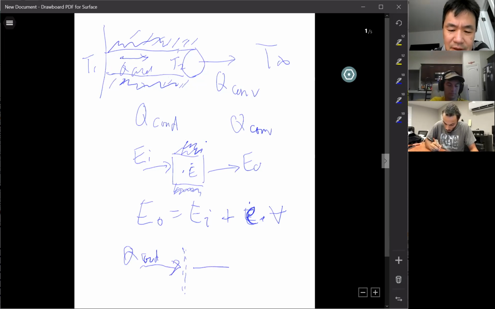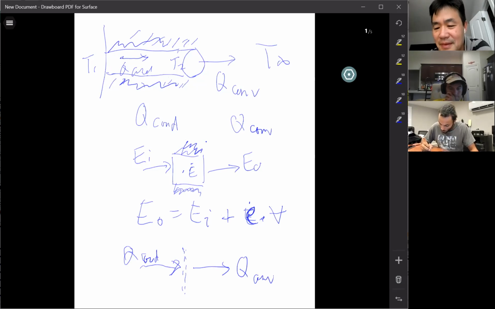Energy out is Q convection. We're just looking at the interface. If you are the interface, you see, hey, I have energy coming in from conduction, and I have energy going out through me to the environment.